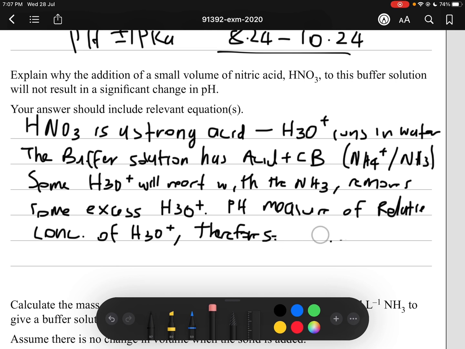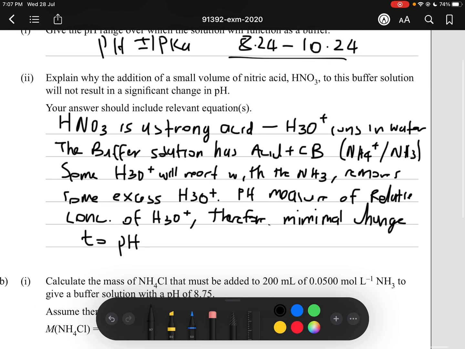Sorry, not some change, I should say minimal change to pH. It's only going to decrease slightly when we add the excess hydronium, which is the HNO3.